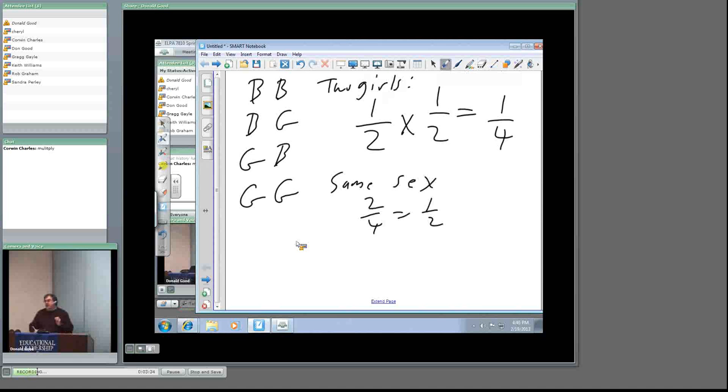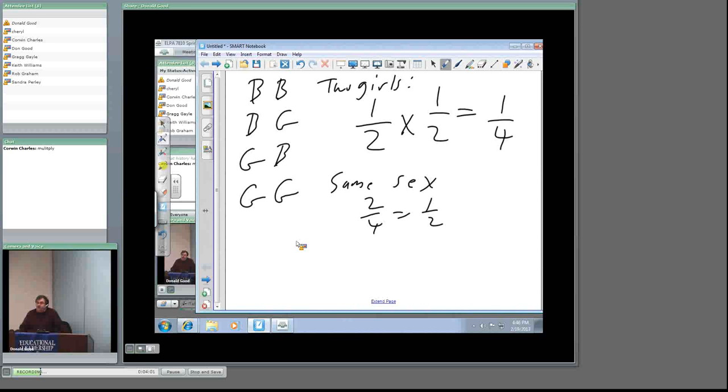The other way you can look at it is in terms of conditional probability. Conditional probability means your first child is one gender or the other, either a boy or a girl. Whichever it is, let's say your first child's a boy, the chance of getting the same gender is that the second has to be a boy, so that's a 1/2 chance.